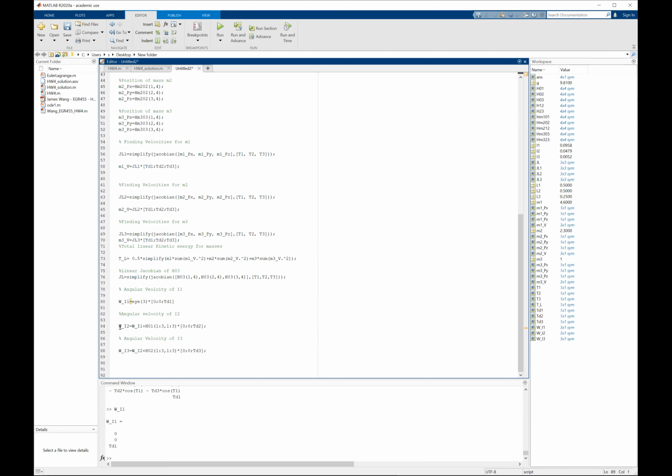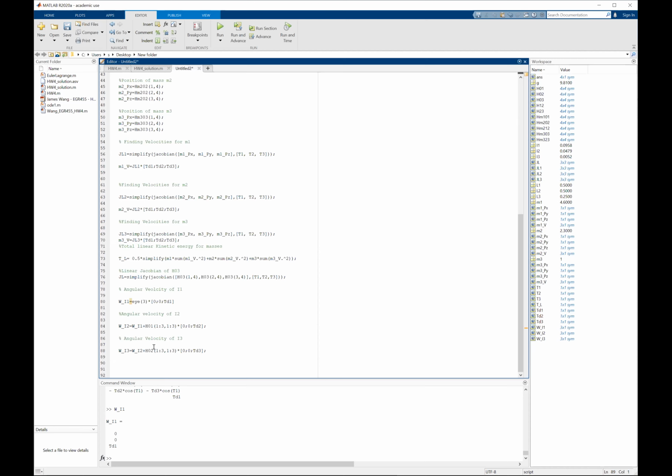Link number 3 is not attached to frame 0, but it is attached to frame 2. So the angular velocity of link 1, link 2, and link 3 all need to be combined.